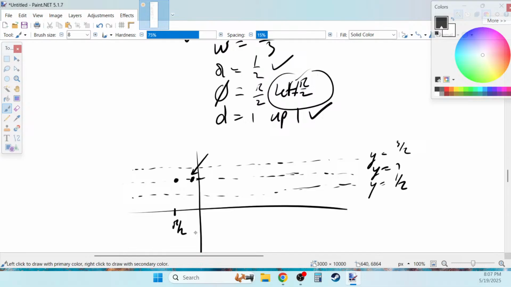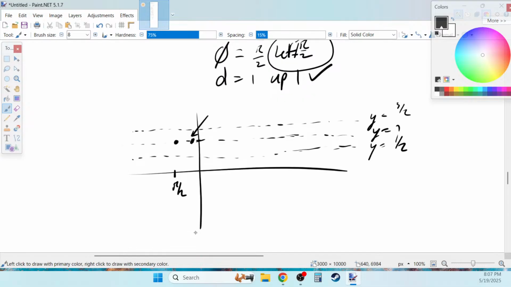This is the time when you probably have to say, I need to zoom in my graph because that's not a lot of space to work with. So yeah, let's do a little bit of erasing. Zoom in a little bit on our picture. That's just not a lot of space to fit a full wavelength.